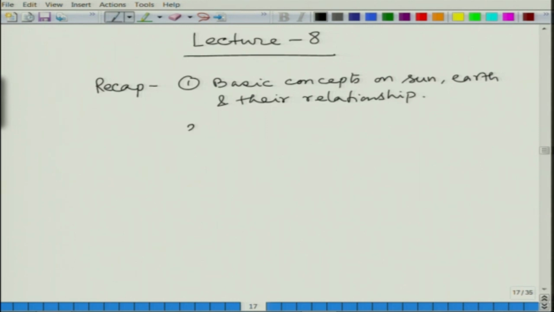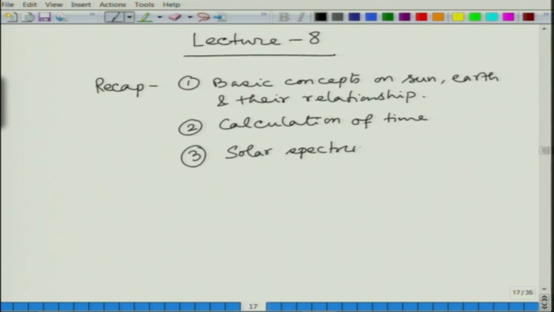Then we have covered the calculation of time. Third major thing we covered is the solar spectrum. And then we covered the role of atmosphere.